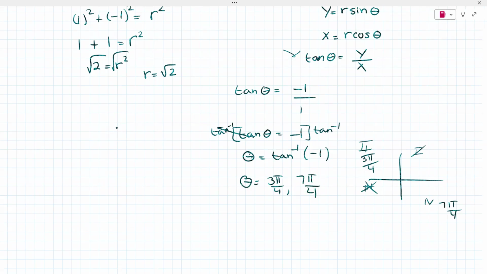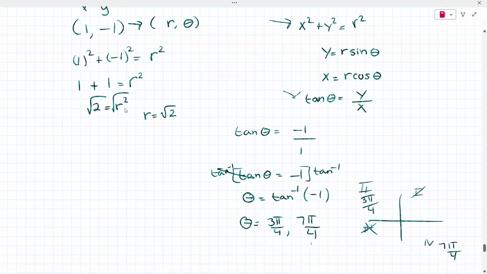So there's several ways we can express this as a polar point, radius comma theta. One way is our radius is positive radical 2, and one of my thetas could be 7 pi over 4. Another one would be radical 2, and we can also express 7 pi over 4 as negative pi over 4, right?